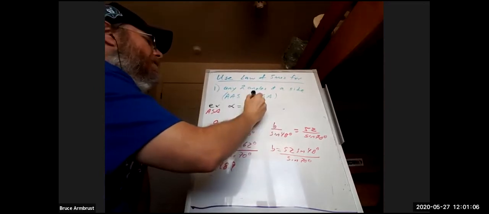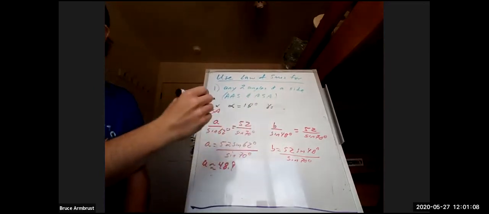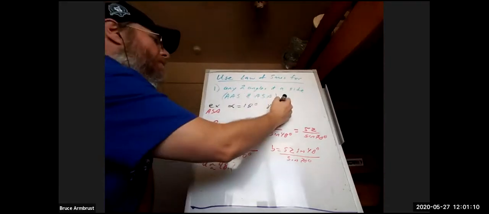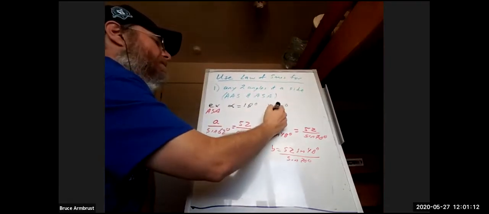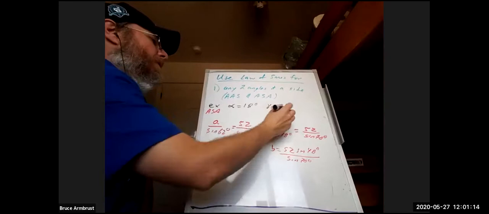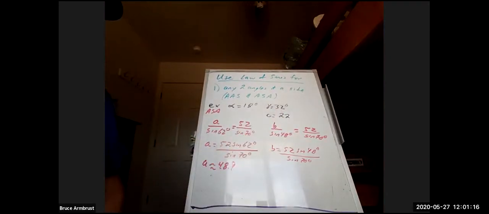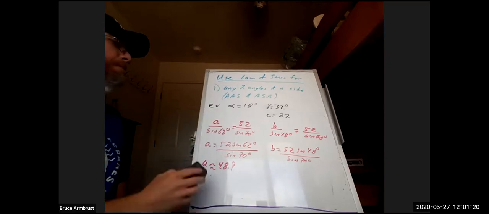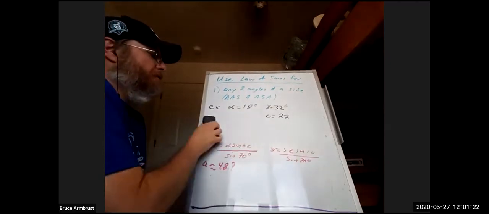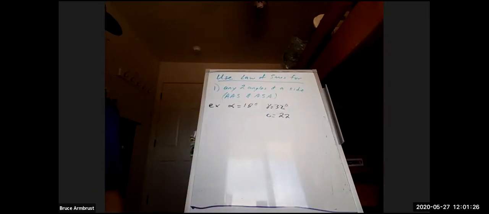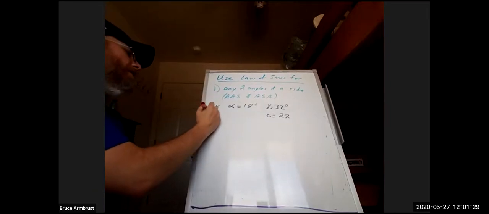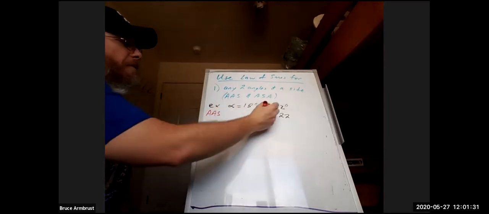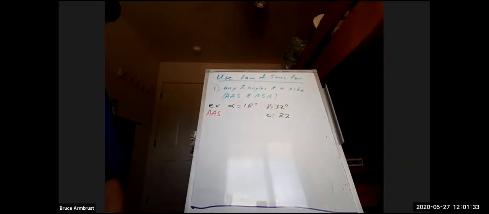Gamma is equal to 32. And C is equal to 20. All right, now this situation is angle side. And you know that it's angle side because of the fact that C and gamma are given.